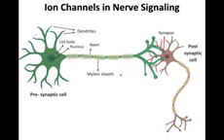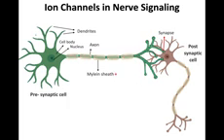Now the electrical signals trigger release of neurotransmitter molecules at the synapse, carrying the signal to the next cell in the circuit. Now the cell that is interacting with the first neuron is called the postsynaptic cell. And the cell that initiates the signaling is the presynaptic cell.